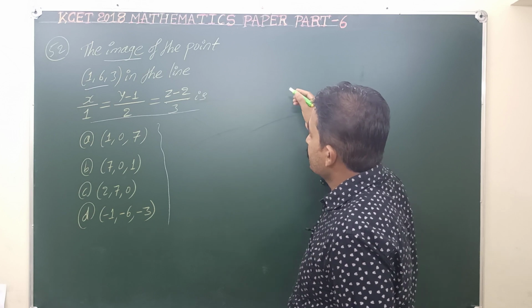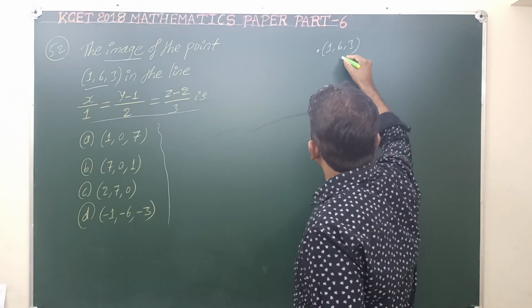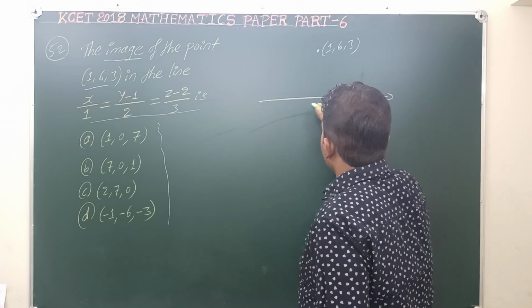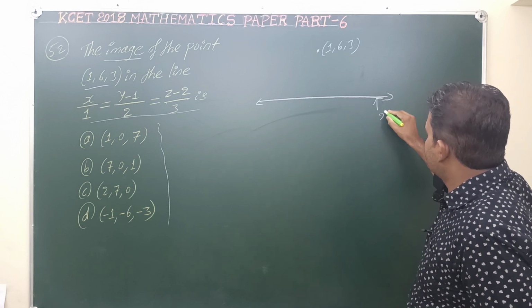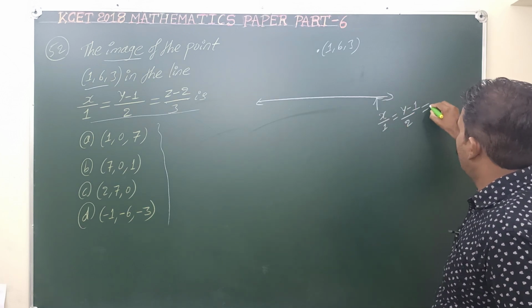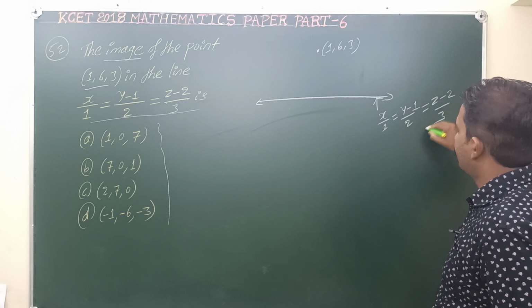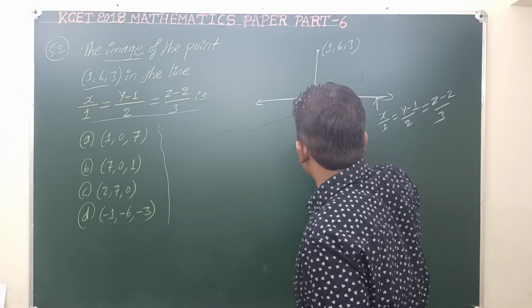Here the point is 1, 6, 3, and with respect to the line that is given, the line means x by 1, y minus 1 divided by 2, equal to z minus 2 divided by 3. So we have to find the image of this point with respect to this line.